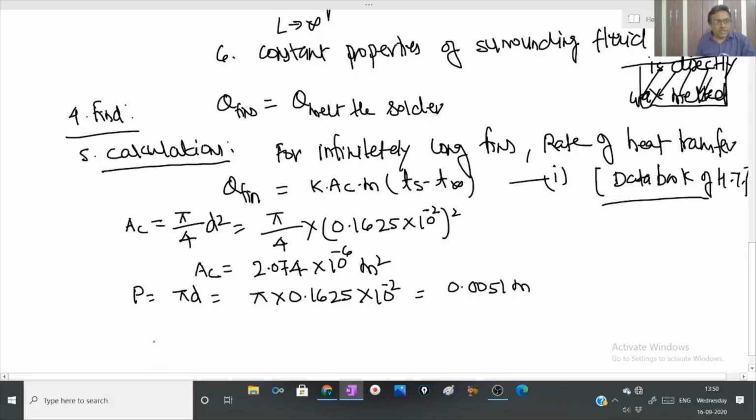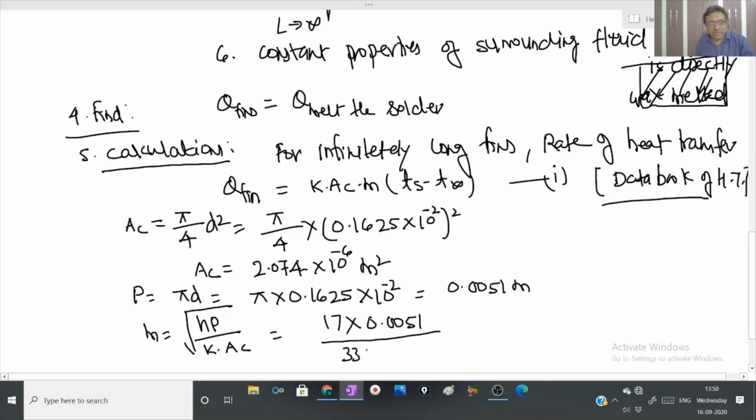Next is the fin parameter m, given by the square root of hP over k Ac. The value of h is 17, the value of P we just calculated is 0.0051, thermal conductivity is 335 and the area of cross section, please do not get confused, Ac is a suffix, 2.074 into 10 to power minus 6, square root of this entire term.